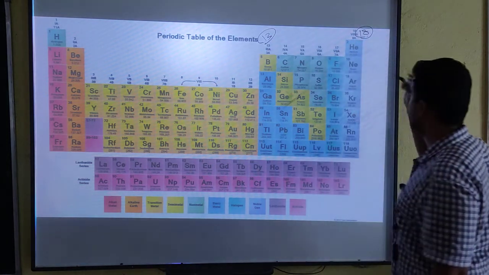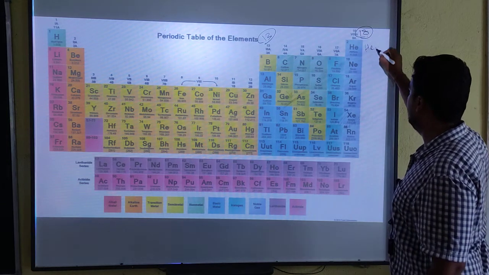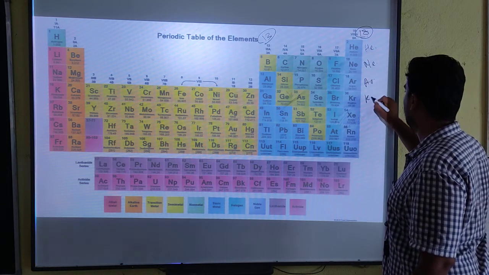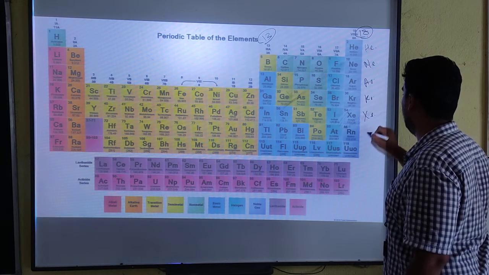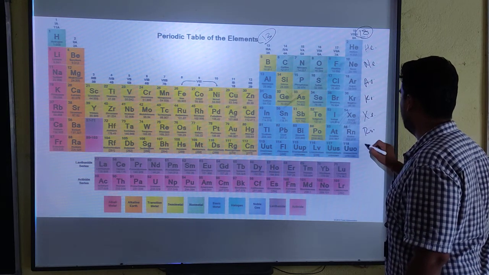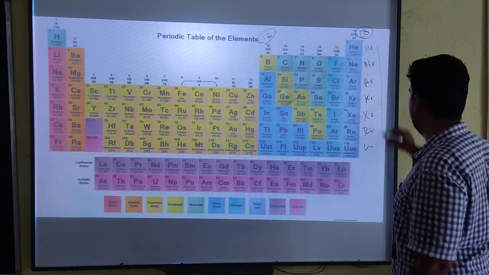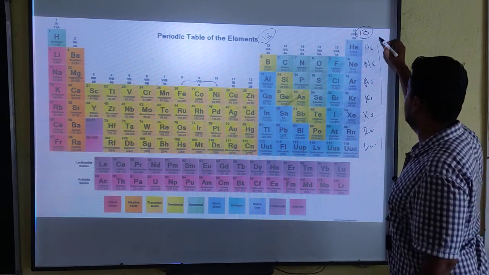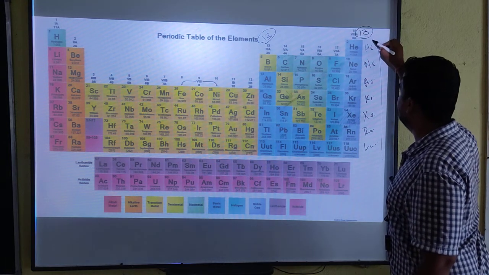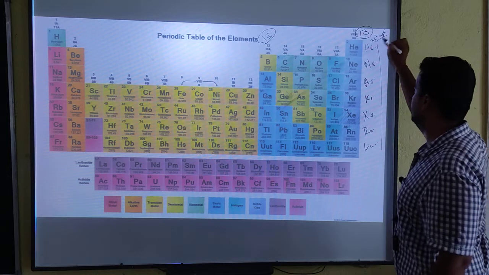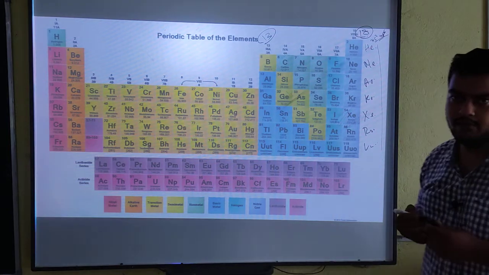And remember group number 18 is helium, neon, argon, krypton, xenon, radon. All these are noble gases. They have the electronic configuration ns2 np6, meaning the outer shell is completely filled.